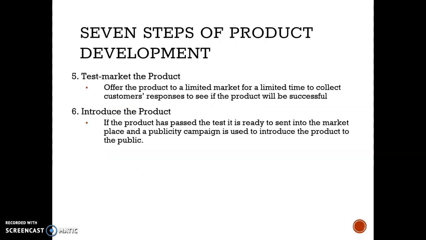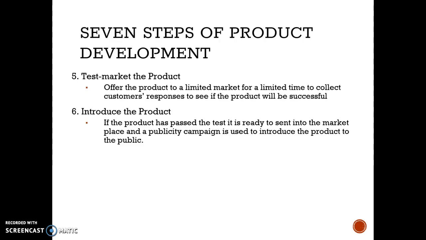Once we get through step number 4, we're going to go to step number 5, where we're going to test our market. So this might be where we offer our product to a limited market for a limited amount of time, just to collect some responses from our customers to see, is this product going to be as successful as we hoped it would be or not?